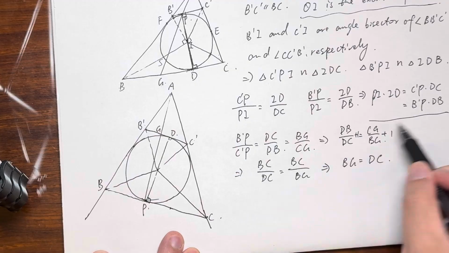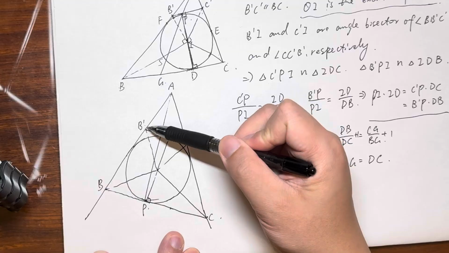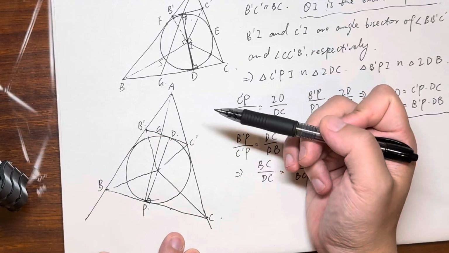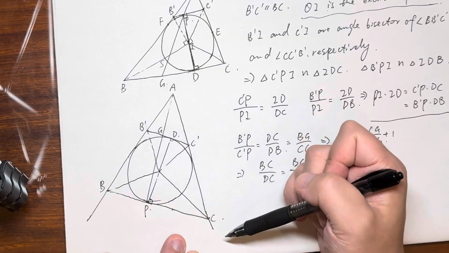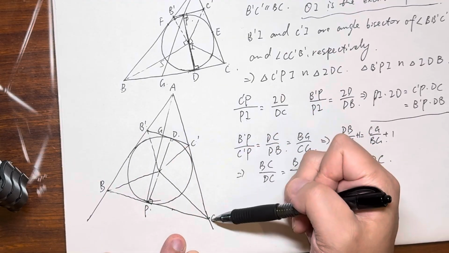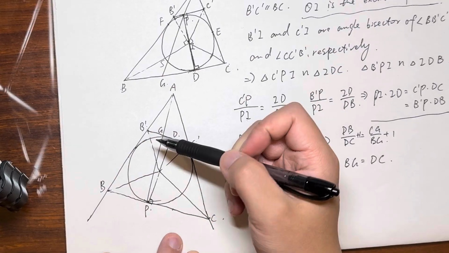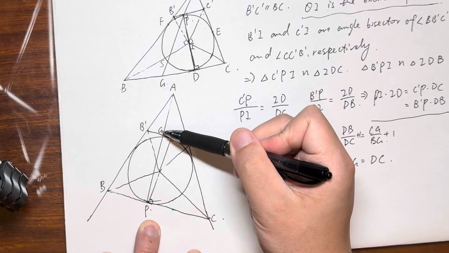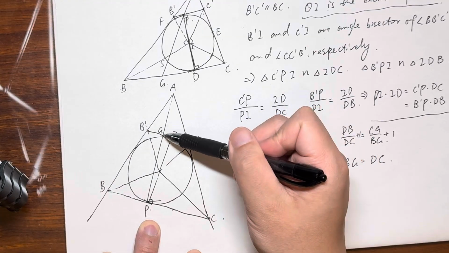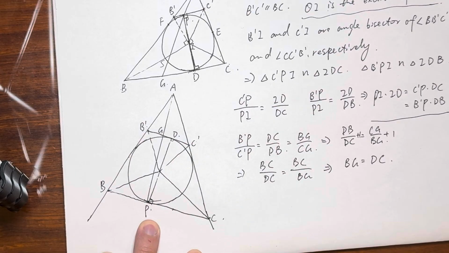Then we can use the same method to show that B prime D times BP equals C prime D times CP. Then we have BP to PC equals B prime G to GC prime, from which we can find that B prime G equals C prime D. It's a similar thing.